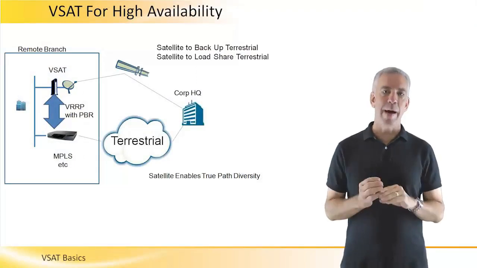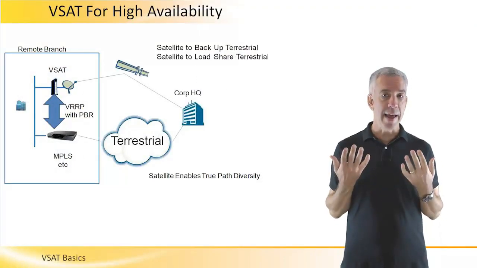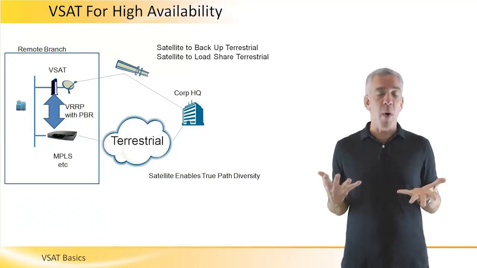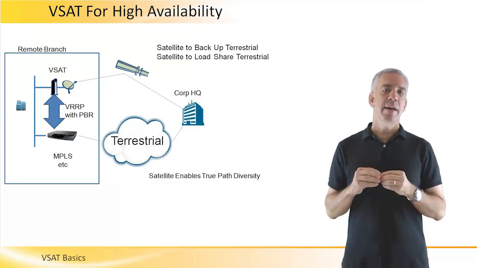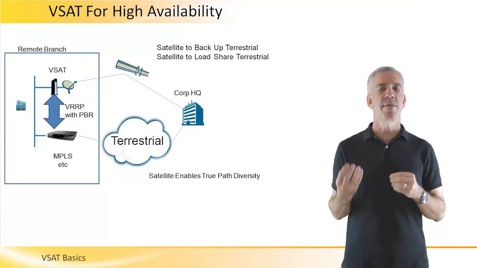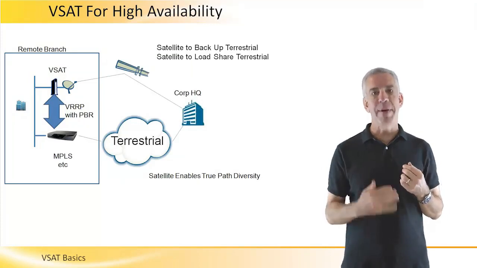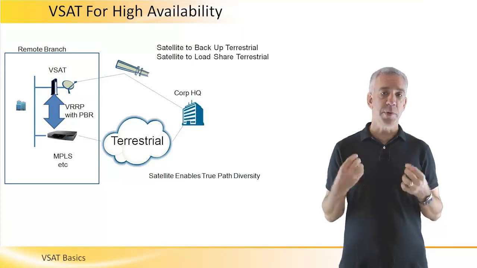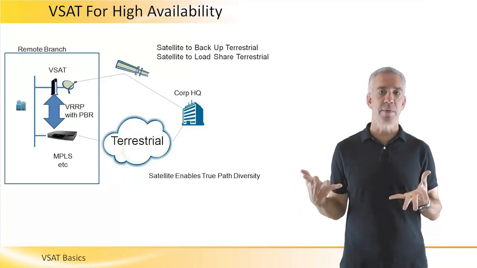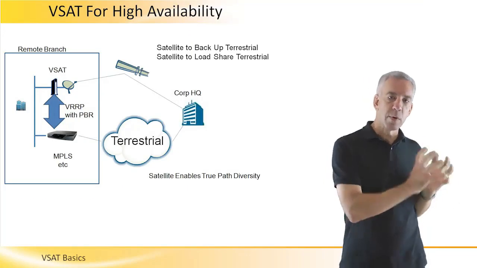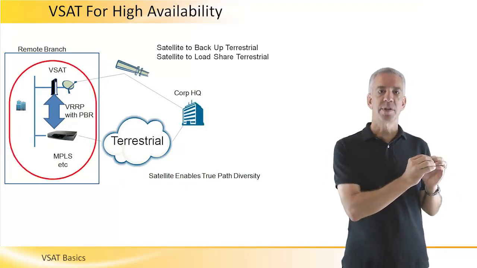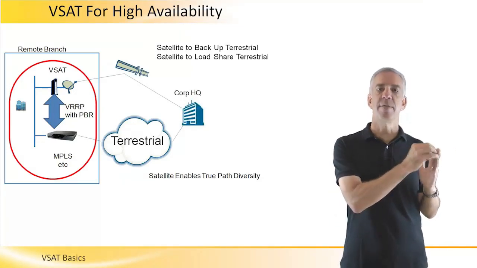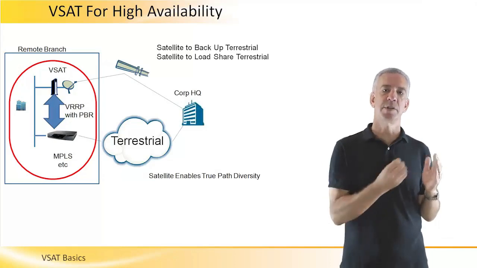One of the key applications for VSATs by enterprise or corporations is high availability networking. The reason why is that VSAT enables a truly diverse communications path independent of the terrestrial communications path. So a typical application with high availability networking with VSAT is where at the remote location, a business will install both a terrestrial communications path as well as a VSAT to enable a satellite communications path.